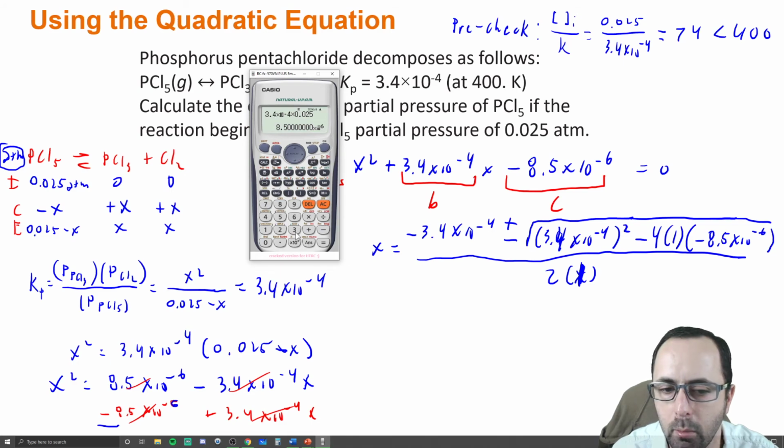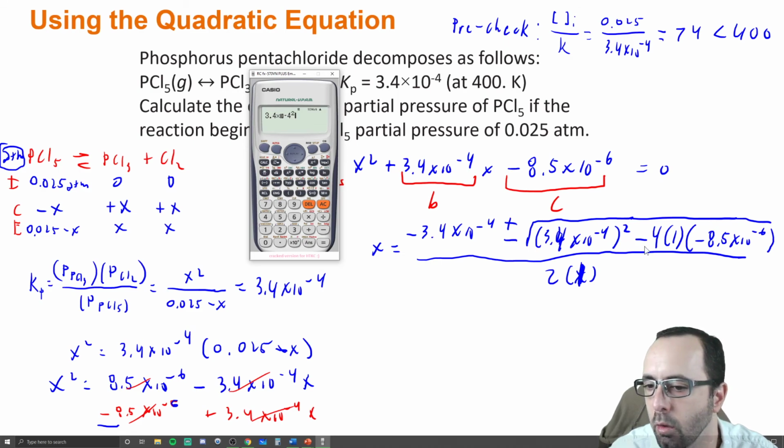Okay, so it's going to be 3.4 times 10 to the minus 4, and we're going to square that. And then here we're going to have a negative, so we're going to have minus, but we're going to be multiplying times something negative, so that's going to affect that. 4 times 1 times negative 8.5 times 10 to the minus 6.